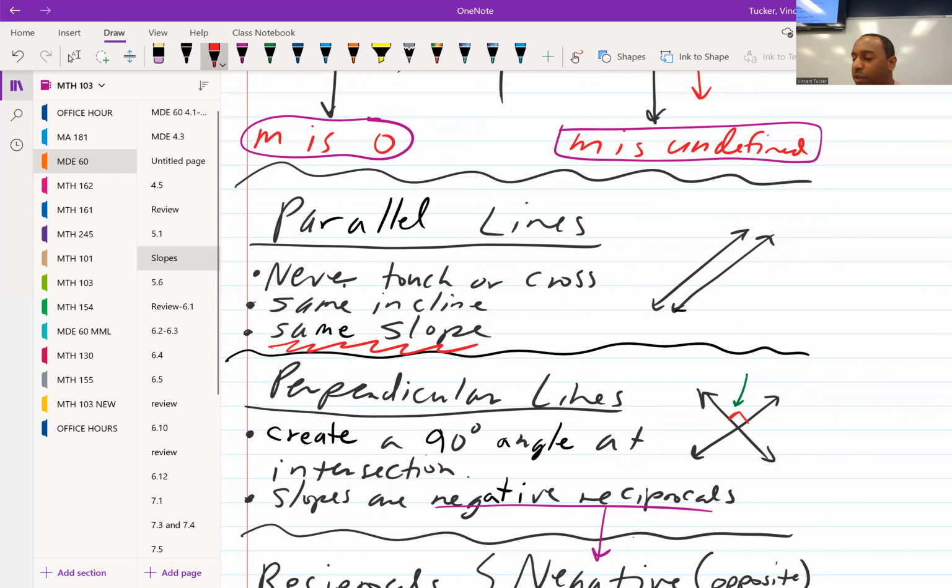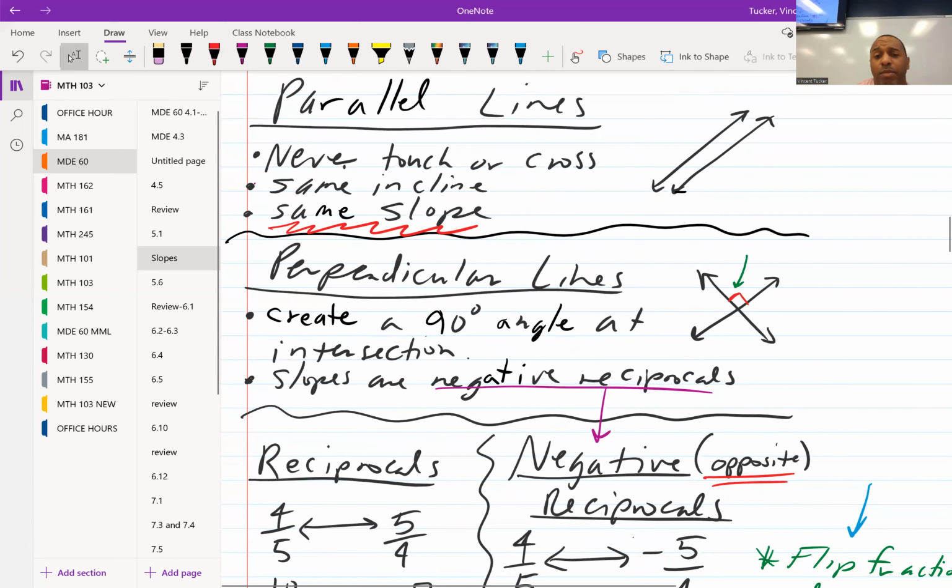Perpendicular lines, the slopes will be negative reciprocals of each other. Very good.